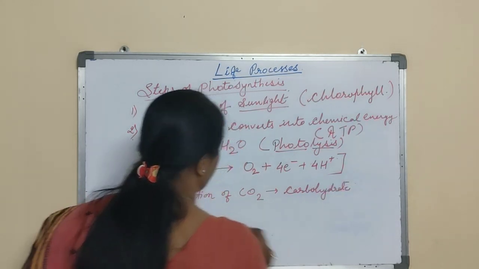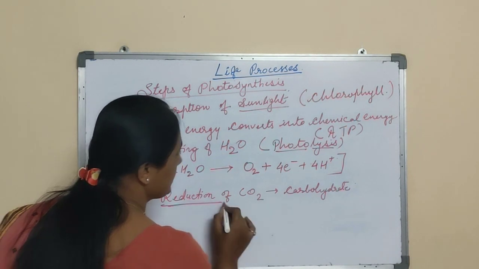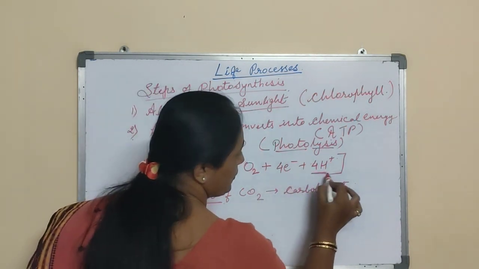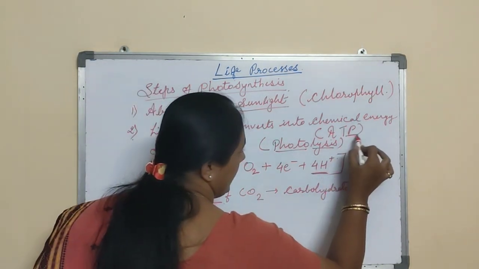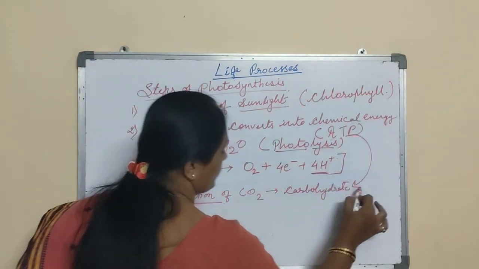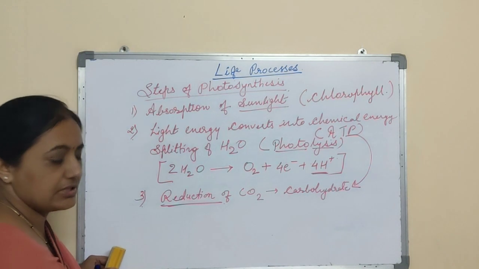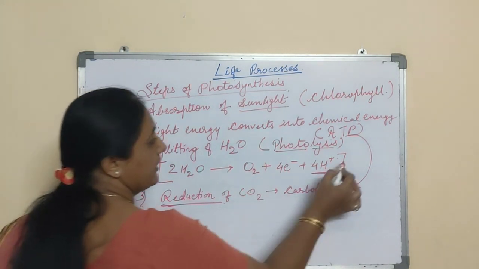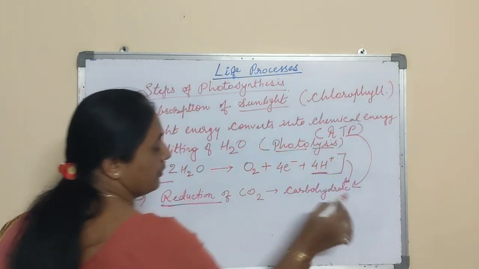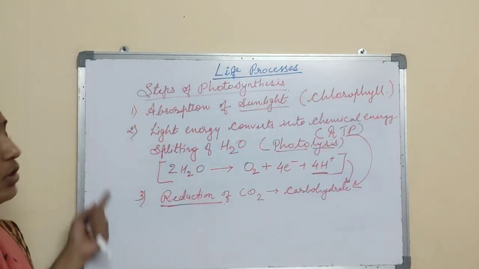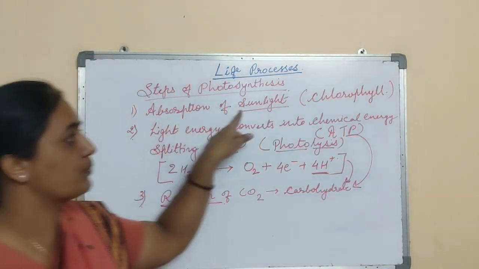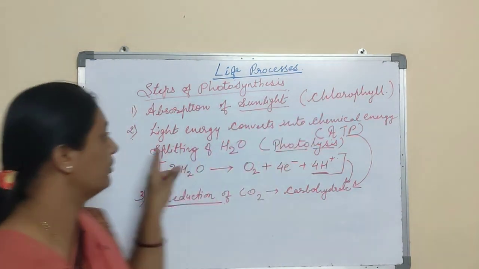So this reduction process takes place because of accumulation of proton, and this ATP energy is utilized for the process of reduction of carbon dioxide, where carbon dioxide is reduced to give carbohydrates. So these are the three steps of photosynthesis. Absorption of light energy by chlorophyll pigment.